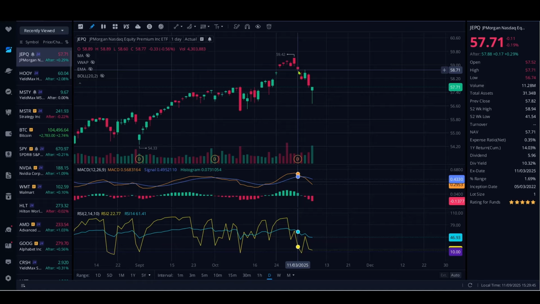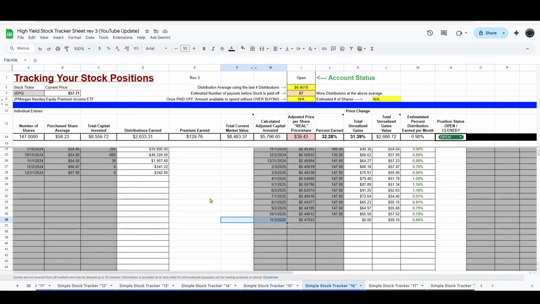Okay, so they took my shares at 56. And they did it because they wanted that distribution of 47 cents per share. Okay? And like I said, they actually did it on the X date, right? But it was before market open.